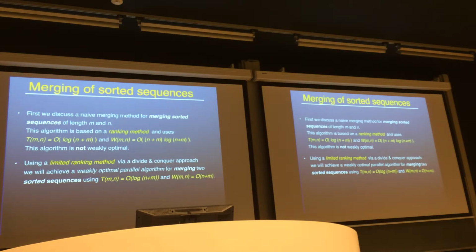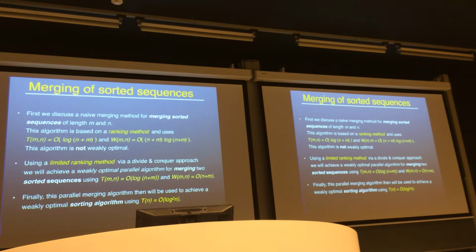Well, to get back this information, we apply a divide and conquer method, and we will achieve a weakly optimal parallel algorithm for merging, where the amount of work is now reduced to O(m plus n), and the amount of time remains the same. And then finally, we use this idea of parallel merging to achieve a weakly optimal sorting algorithm that uses log square n time.